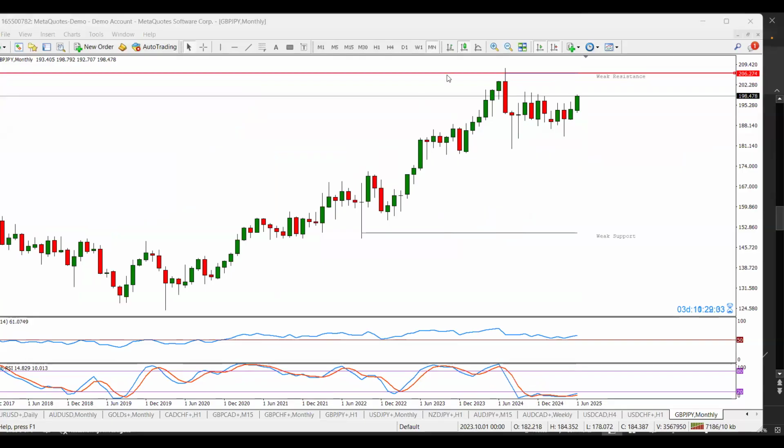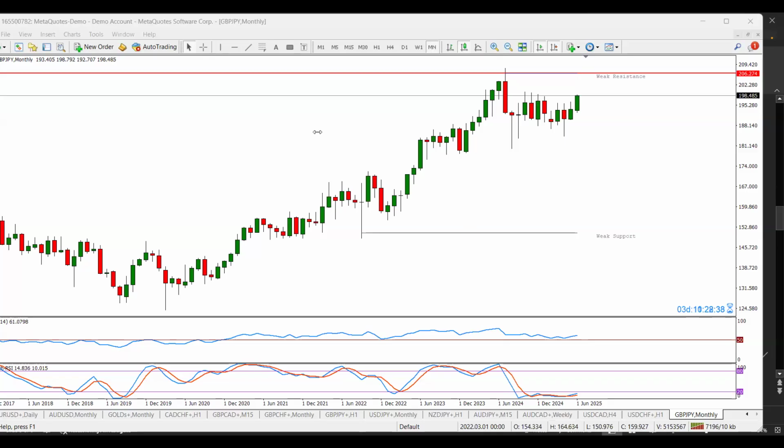You analyze your chart from the monthly time frame and come down. So I use monthly, weekly, daily, 4 hours, 1 hour. I don't go to 30 minutes. Sometimes I use 15, sometimes I don't. It depends. The chart changes every day, so when it changes, you adjust slightly, not too much.